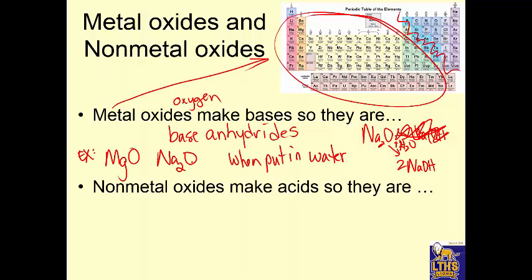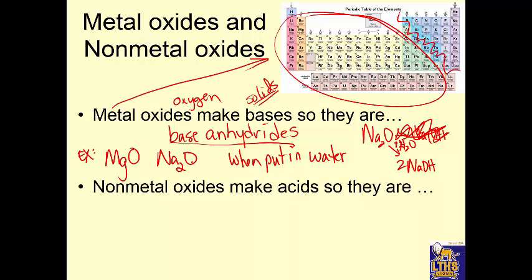So Na2O, when you put it into water, turns into NaOH. These are called base anhydrides because they're metal oxides. They're usually solids, and when you put them into water, they turn the water basic.